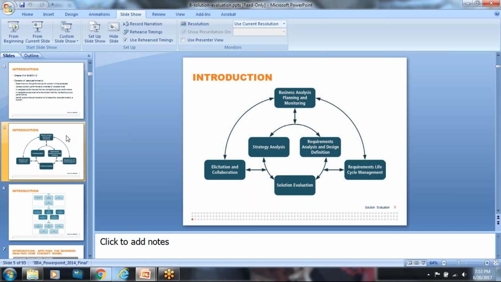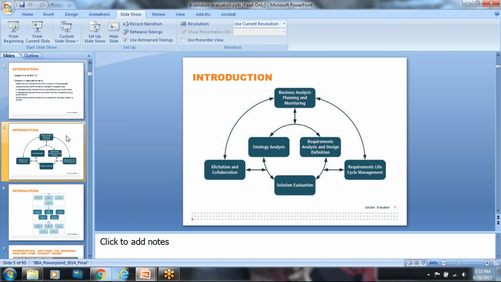Okay. So this is one of those diagrams that shows how things relate together. It looks like the two main inputs here are strategy analysis and requirements analysis and design definition. The strategy analysis is probably something that Robbie went over with you earlier.